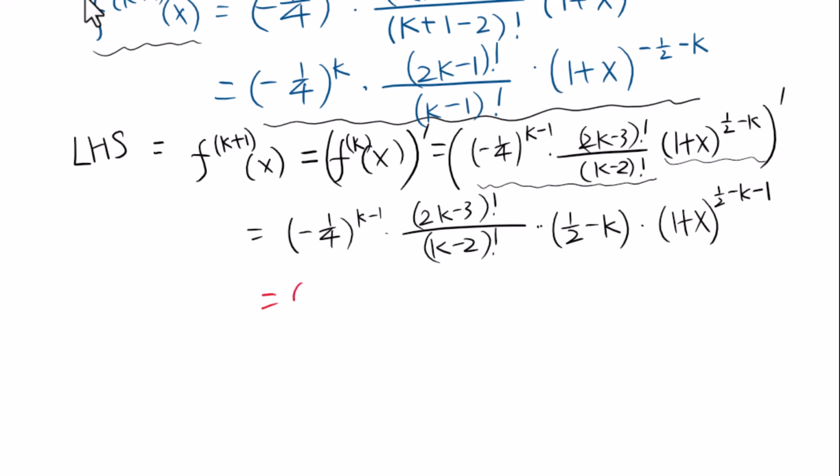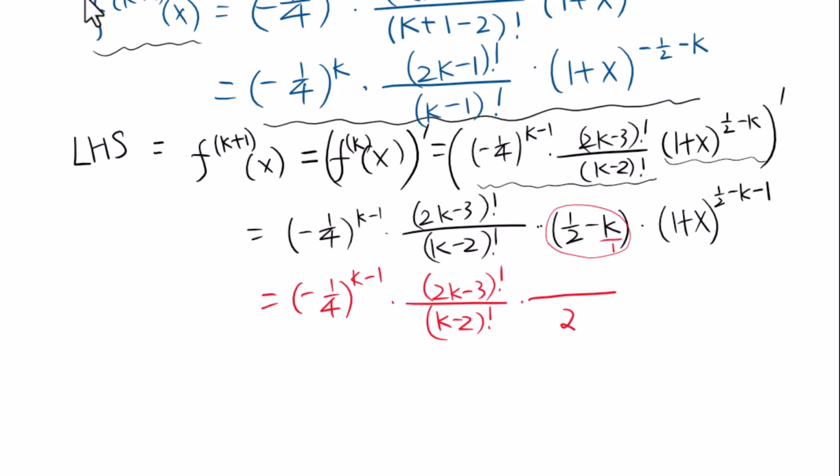Organize: negative 1 over 4 to the k minus 1 power, times 2k minus 3 factorial over k minus 2 factorial. We put this together, k over 1 times, denominator is 2, 1 minus 2k, times (1 plus x) to the negative 1/2 minus k power.